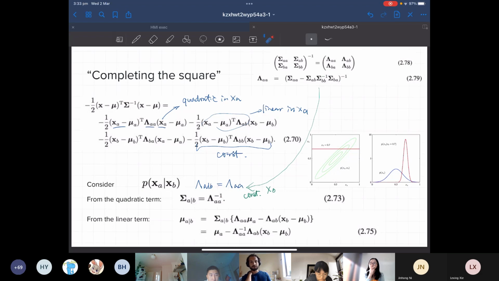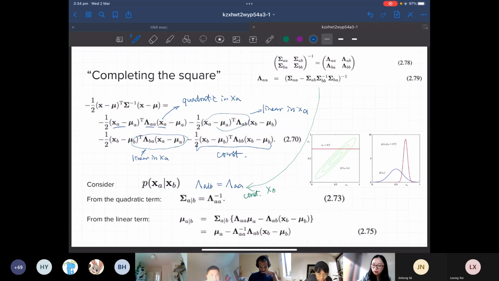So now you wonder, where should the mean sit, right? The mean comes from the linear term. There are two linear terms. We circled one there, and this term here is also linear in xa.